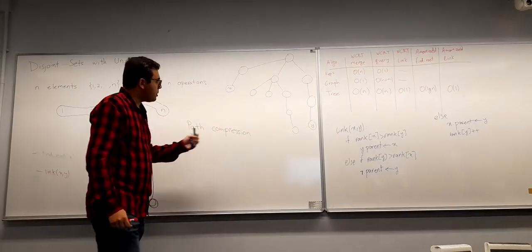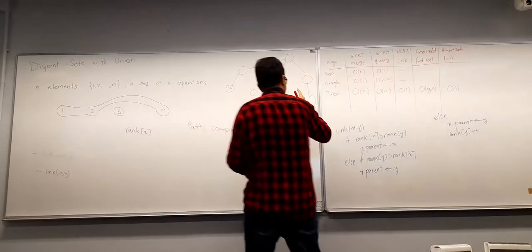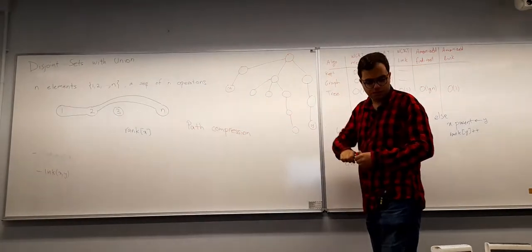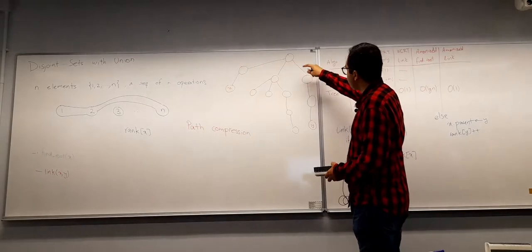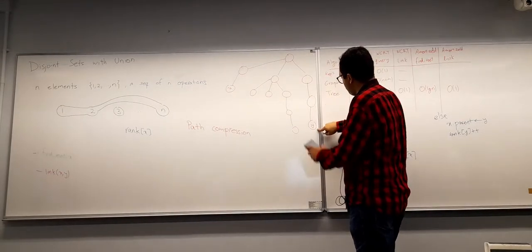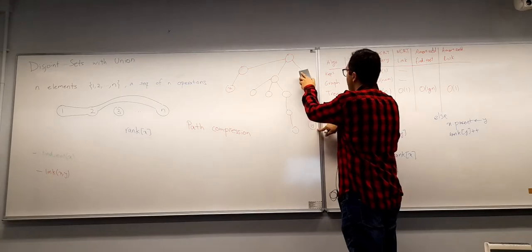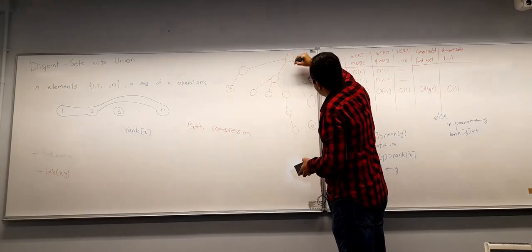So the idea of compression is that after we do this, we connect all of these nodes directly to the current root. I go through this path, I see that all of these nodes are in the path, and then I change the parent of all of them, and I make it so that all of them are directly connected to the root.